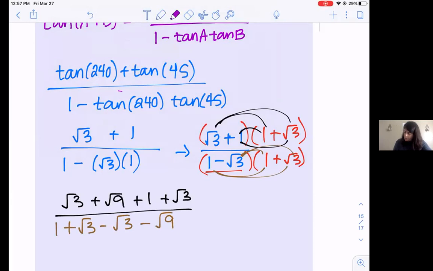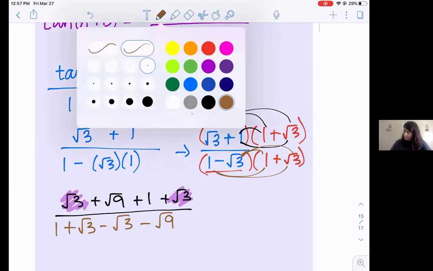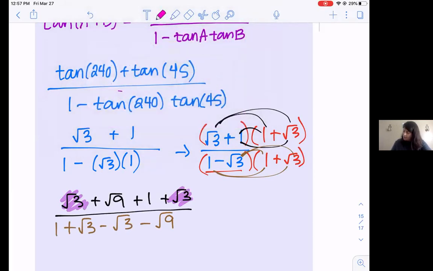Up top, this plus this is a like term, so that is radical 9 plus 1 plus 2 radical 3 over, and here we have like terms, but they end up canceling.